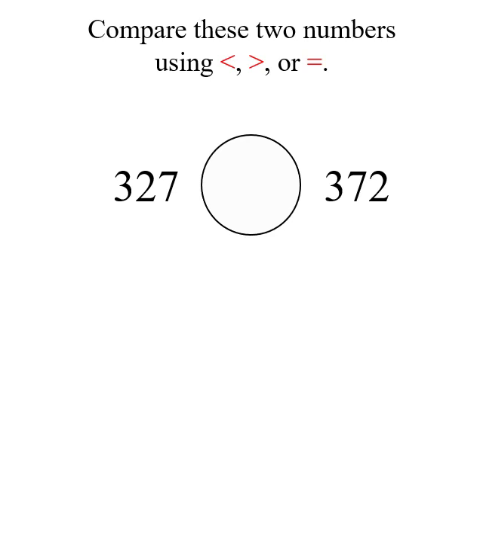So to write that less than symbol, I'm going to put 1 dot over here and 2 dots next to the number that's greater, and I'm going to connect those together. And now I see I have 327 is less than 372, looking at the number in the tens place this time, because the hundreds are the same.